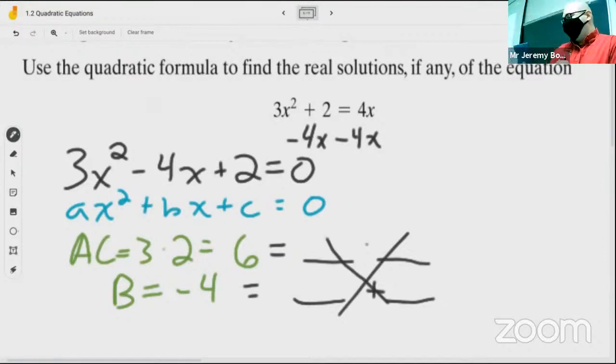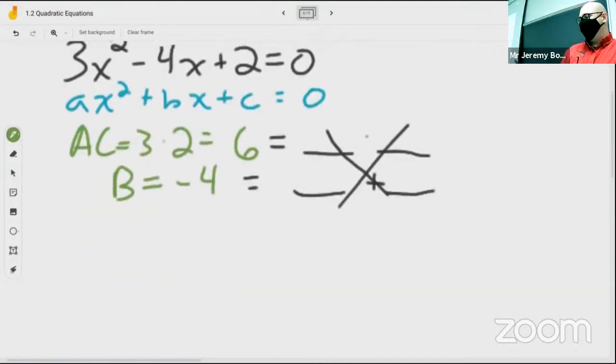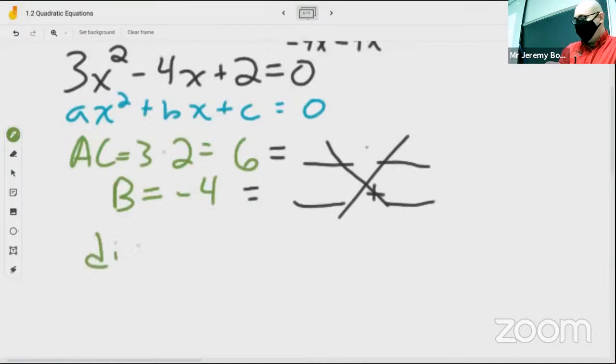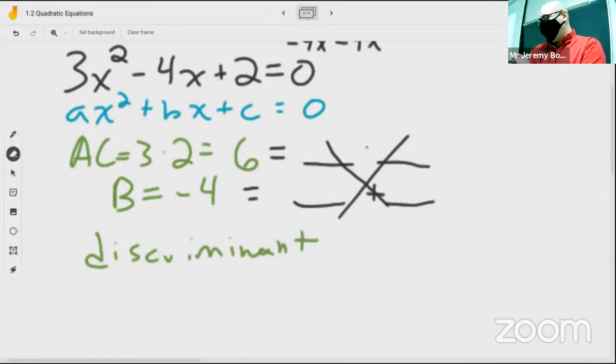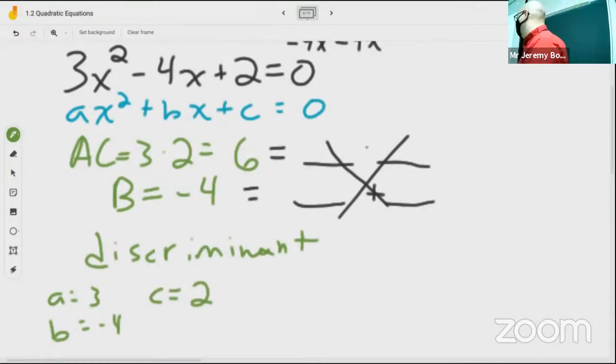Okay. So now we'll say, oh, well, let's try our quadratic formula. And so first we're going to do the discriminant. And so we know that A is 3, B is -4, C is 2, or the sign comes along with it.